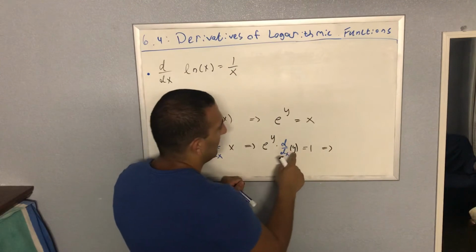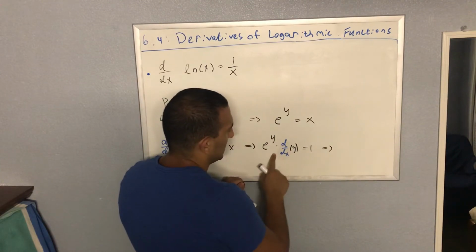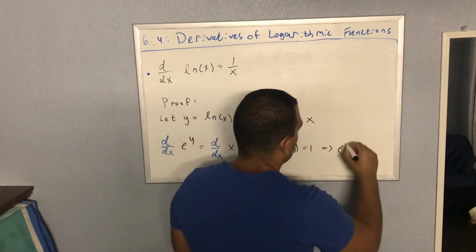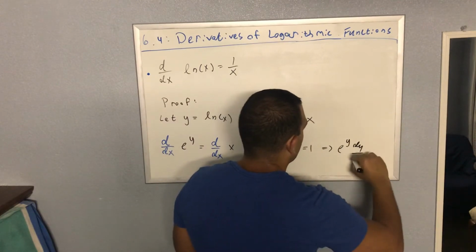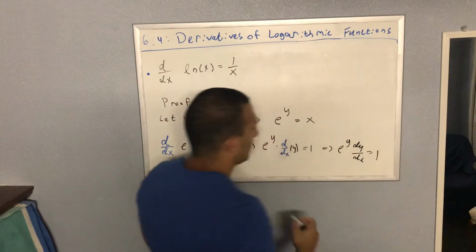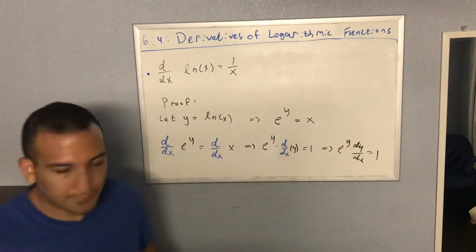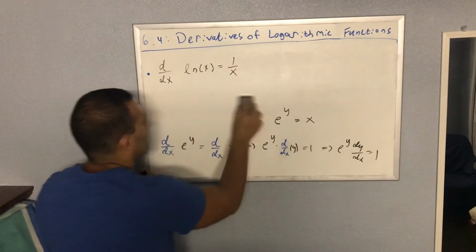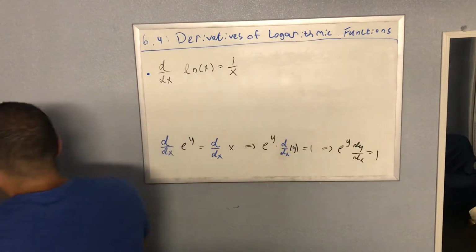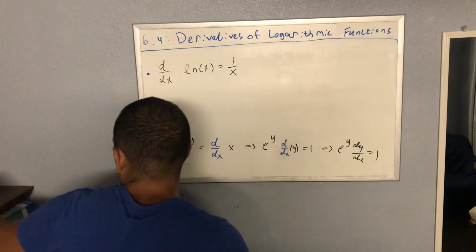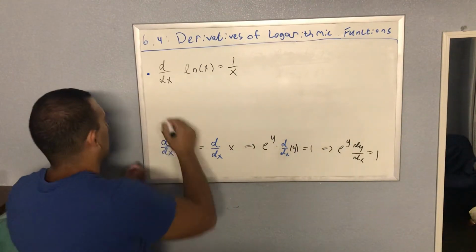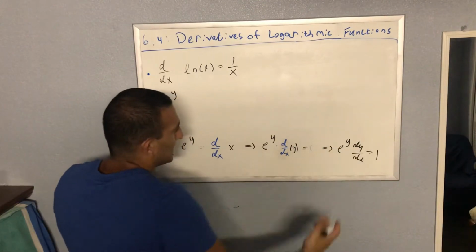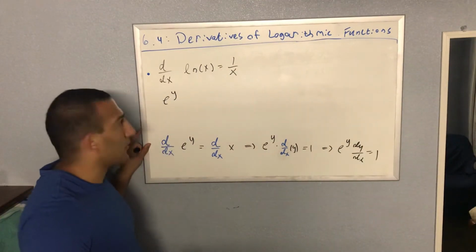The derivative of y with respect to x we write as dy dx. So this is saying e to the y dy dx is equal to 1. Remember, dy over dx is another way of writing y prime, the derivative.